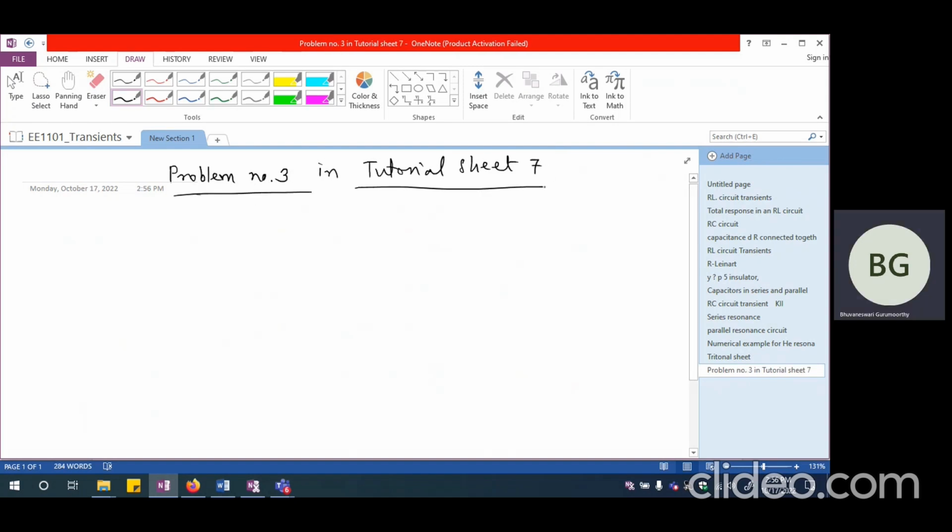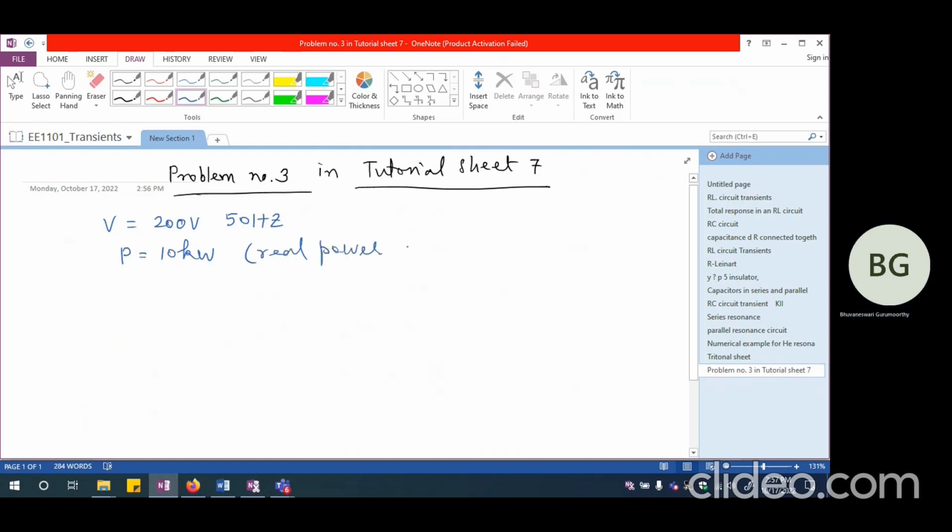It says the source voltage is 200 volts, 50 hertz, and 10 kilowatt is the power. This is the real power at 0.7 power factor lead.